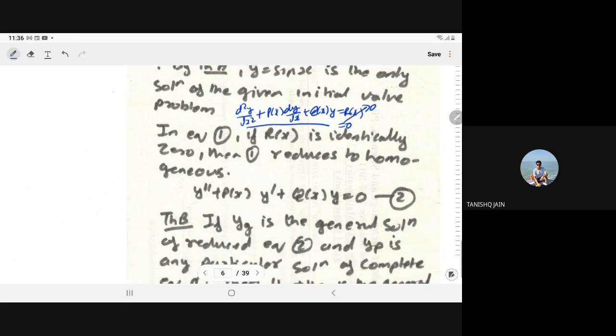We numbered it as 2. So y double dash plus p(x) y dash plus q(x) y is equal to 0 is the reduced equation from the general equation, or the homogeneous equation.